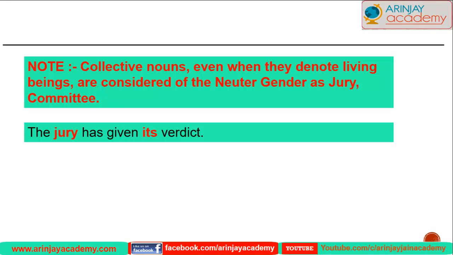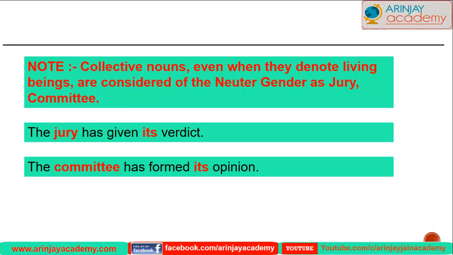Jury is a collective noun. That's why we say the jury has given its verdict. Similarly, committee. The committee has formed its opinion. We do not say the committee has formed his or her opinion. Committee is a collective noun, and here it is considered as a neuter gender.